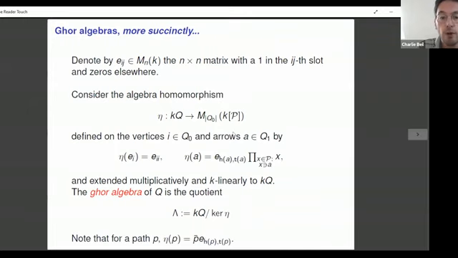And so note that for a path P, eta of P is just a monomial times this matrix with a 1 in one slot and zeros everywhere else.